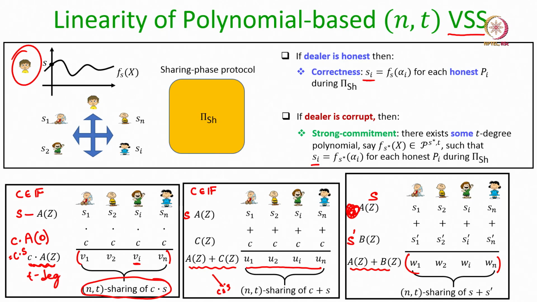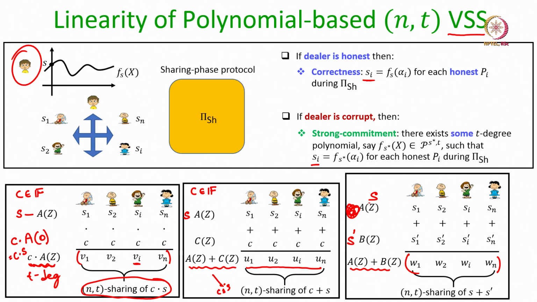What this shows here is that if you have a value or more than one value which is secret shared using a polynomial based VSS in a t-secret shared fashion, and if you want to compute some linear function of those secret shared values, then you can compute that non-interactively.